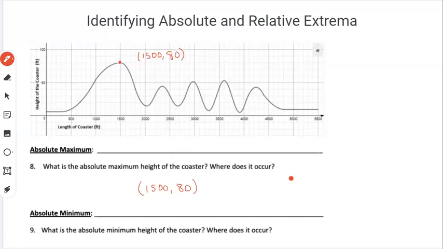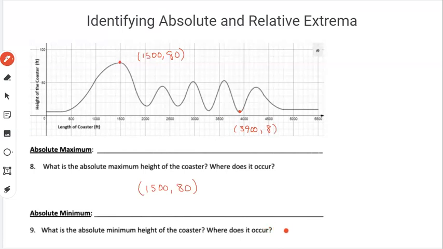And then where is the absolute minimum? The absolute minimum would be at the very bottom of the graph, which would be right here at 3,900. And then the y coordinate, let's just say 8.